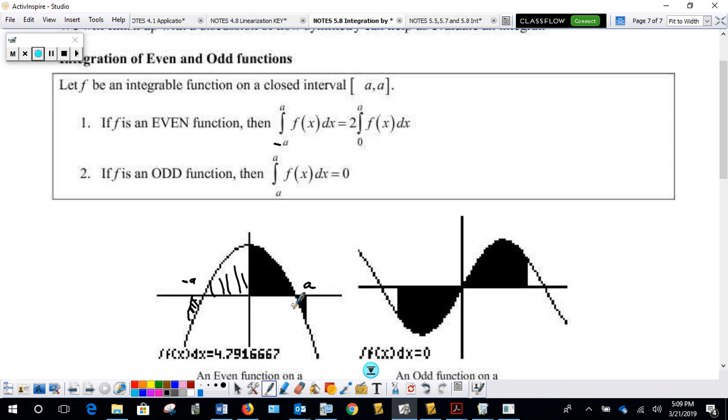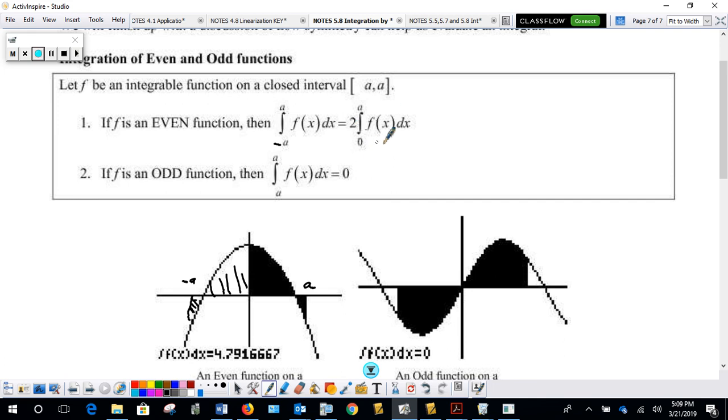They are exactly the same. Sometimes we don't like dealing with the negative numbers. We can switch this to being twice the integral from 0 to a, because they are the same area on the left and the right, so we can just double the positive side.